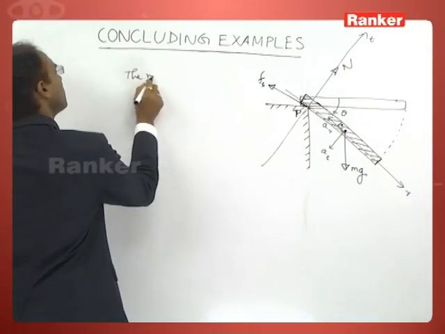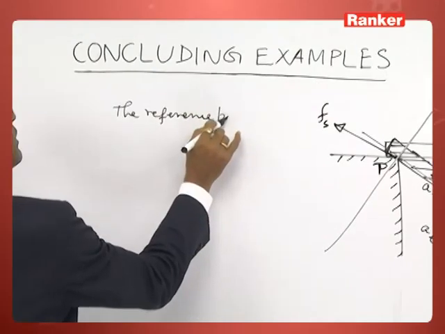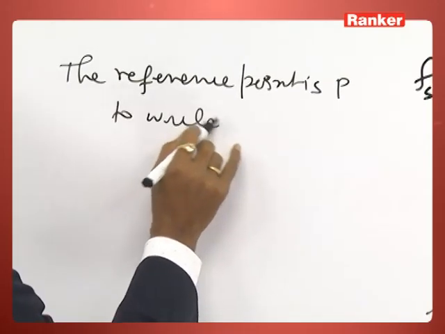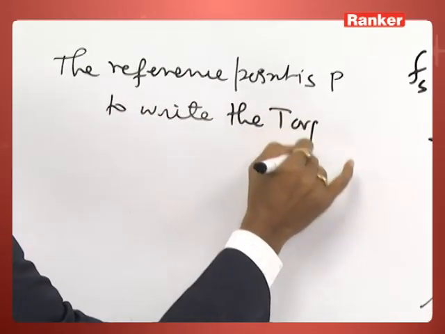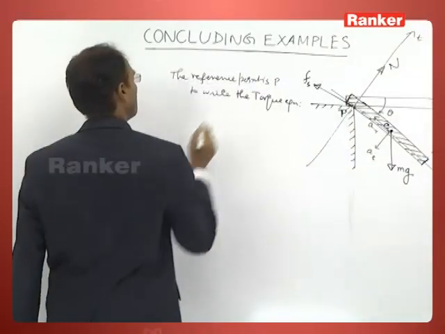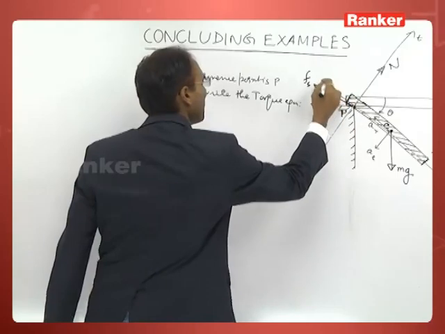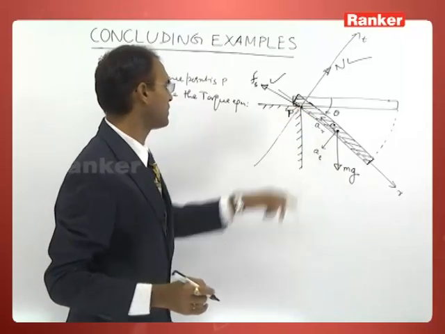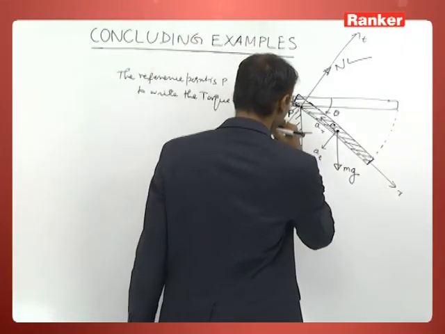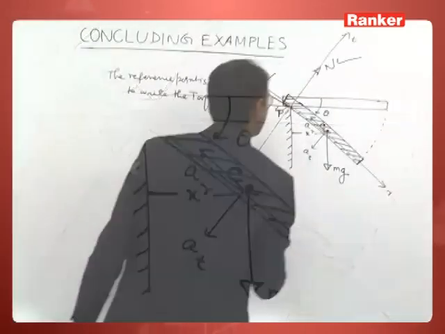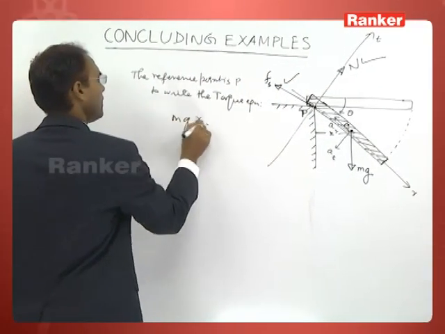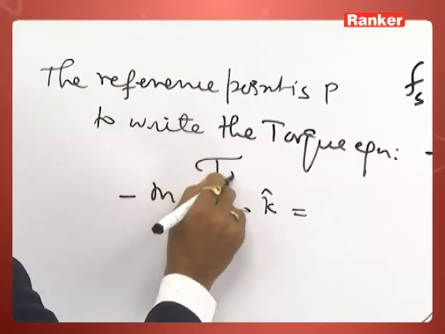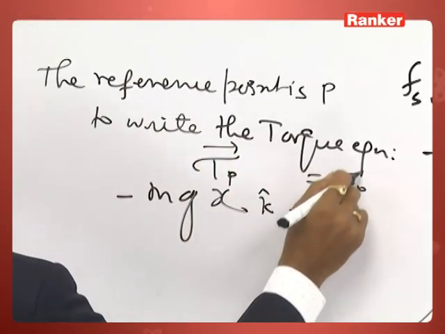The reference point is P. To write the torque equation about this point, these two forces pass through this point, therefore they cannot produce a torque about that point. Only the gravity can produce a torque, and the torque produced by gravity will be equal to mg into x, in which direction? Minus k. And this tau p is equal to Ip into alpha.